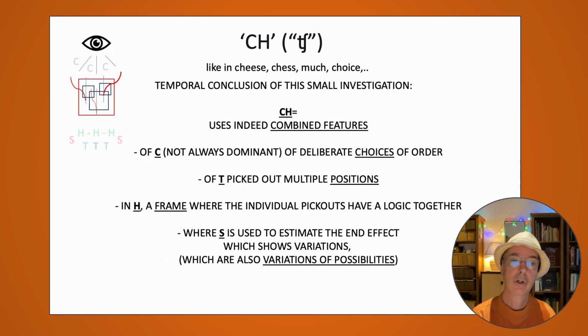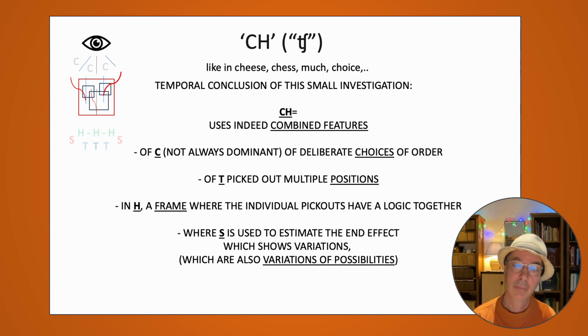So what is my conclusion, my temporal conclusion then? In my temporal investigation, I noticed that the ch truly has the ability that you can split it up into the sounds that you hear and the sounds that you can read there, and then after a while you thoroughly understand what's going on there.